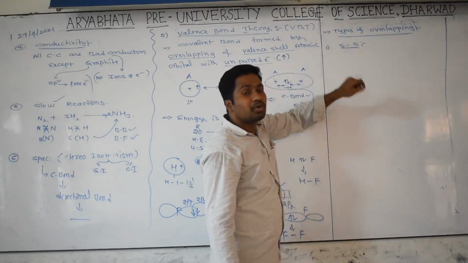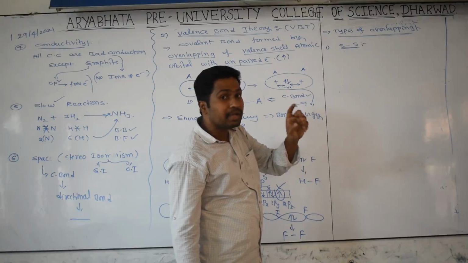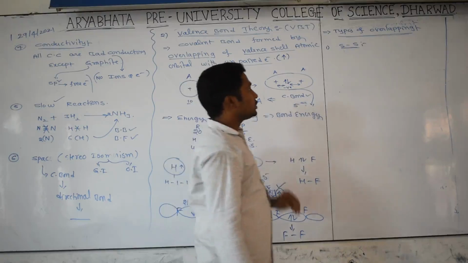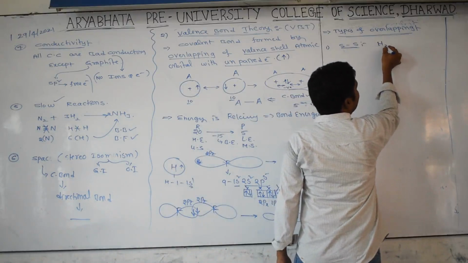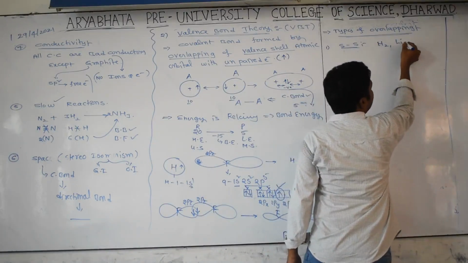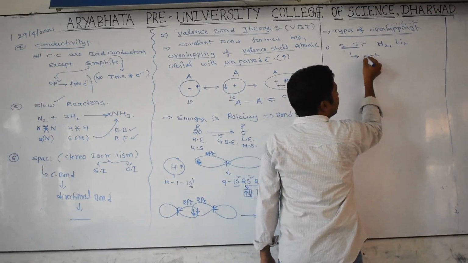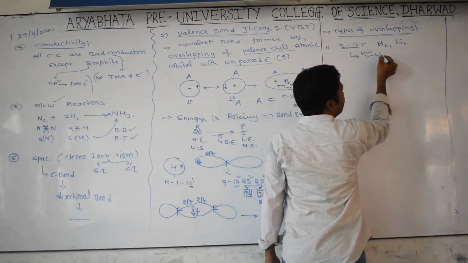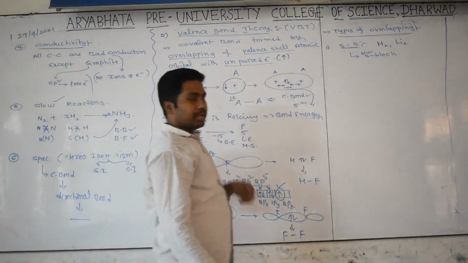Such overlapping is called SS overlapping. It always happens between s block elements only. I will give you some examples: hydrogen and Li2. So SS overlapping always happens between which block elements? S block elements only.